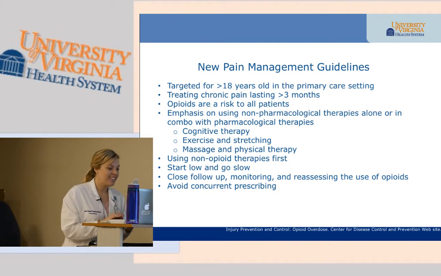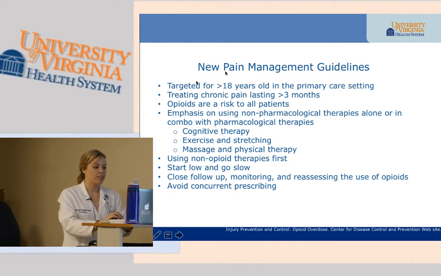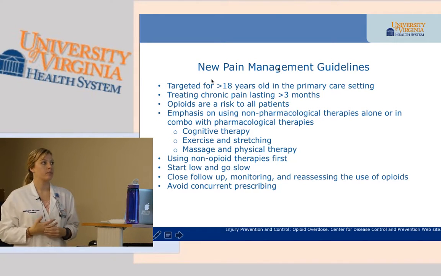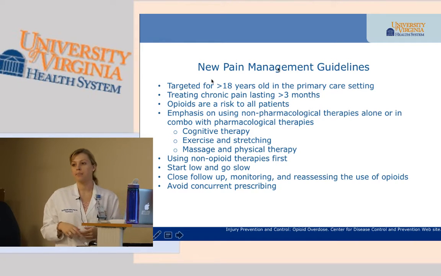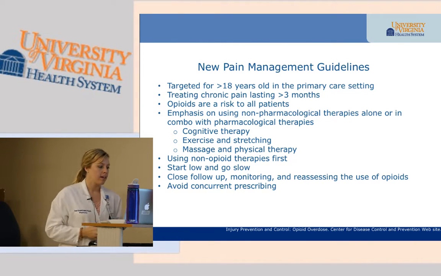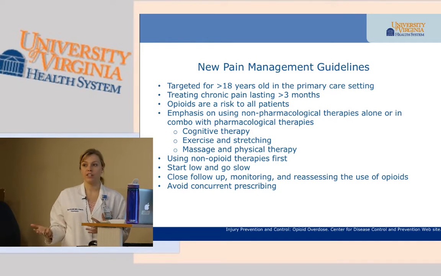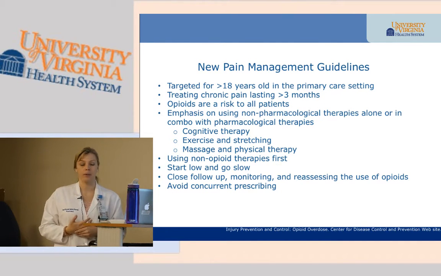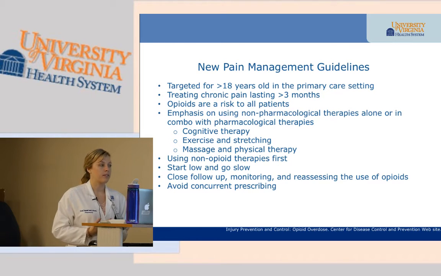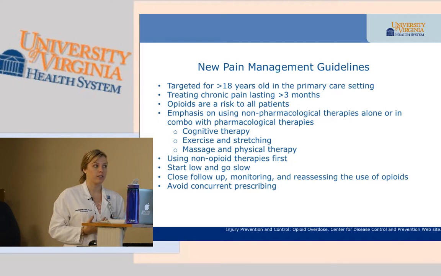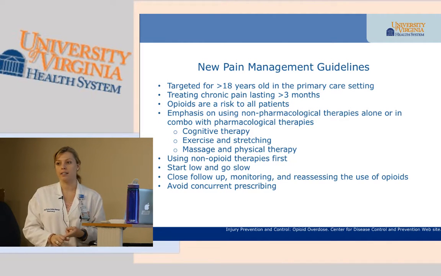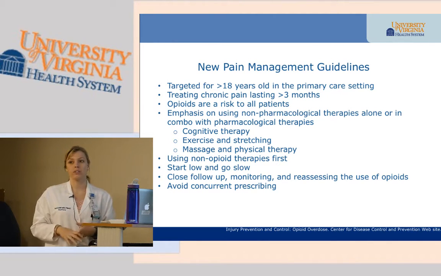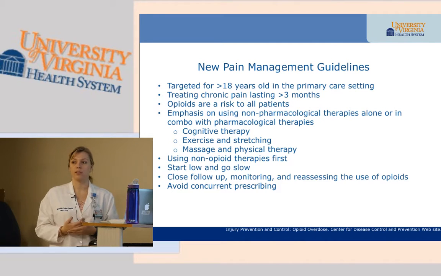Thank you though. So the CDC recently published some new opioid management guidelines. This is targeted for adult patients with chronic pain. Opioids are a high risk for all patients, no matter their age and previous opioid history. They really are emphasizing non-pharmacological therapies first. So cognitive therapy, a lot of times there's an underlying mental or psychological issue that needs to be addressed.